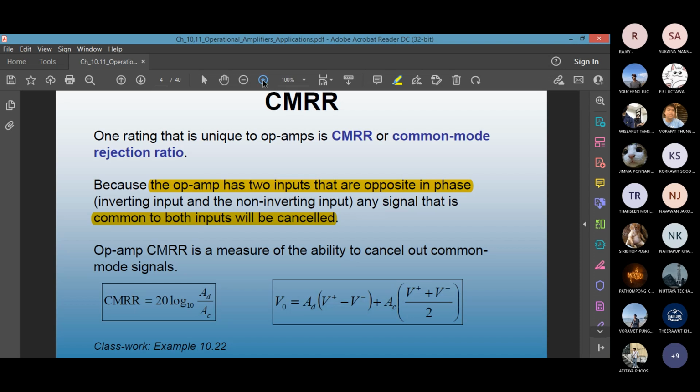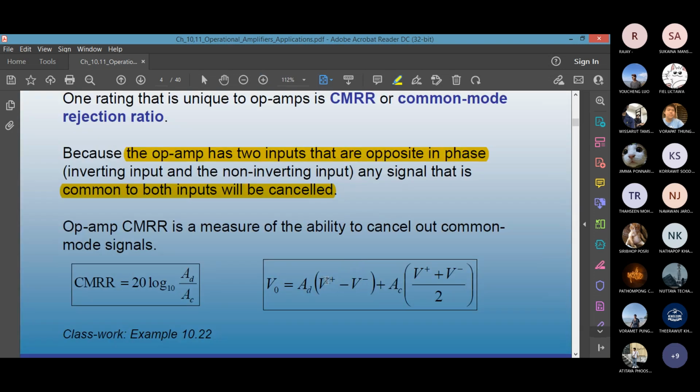So there's a voltage difference, or delta V. This is the voltage difference in differential mode, AD times VD. This thing in the bracket, let's highlight this one. It takes everything at the same time.